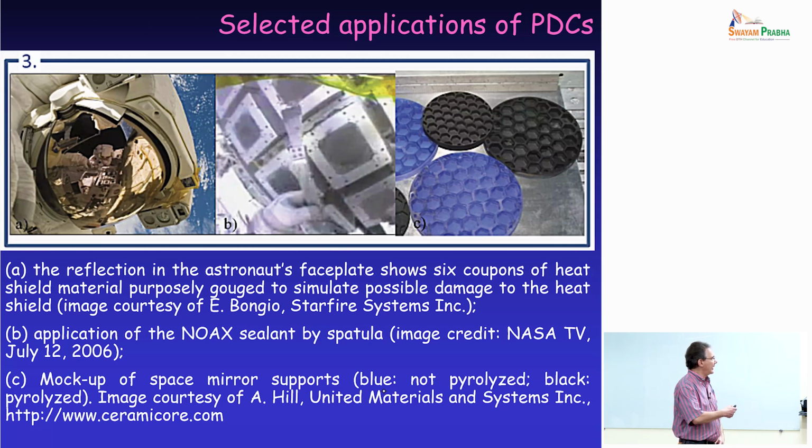The advantage is that you can put the material in place, you can cure it in place, and then it would self-transform upon re-entry into ceramic materials. So it will very quickly transform into a protective ceramic phase.